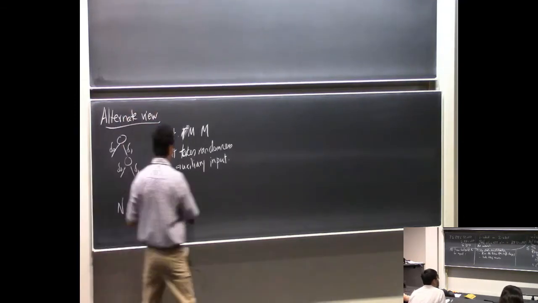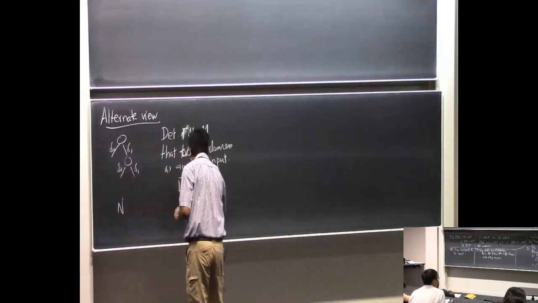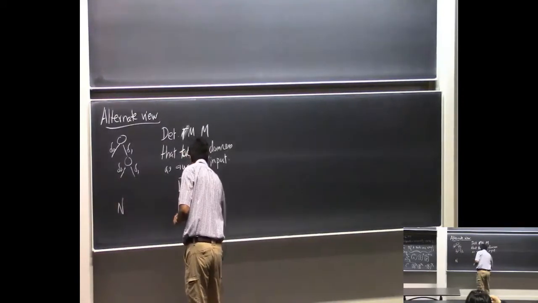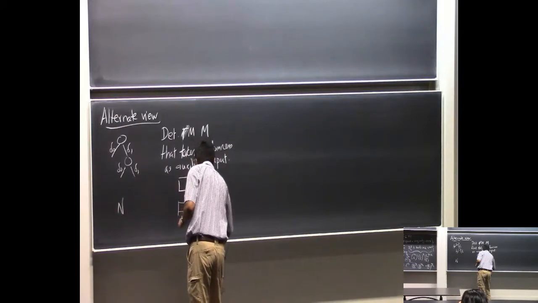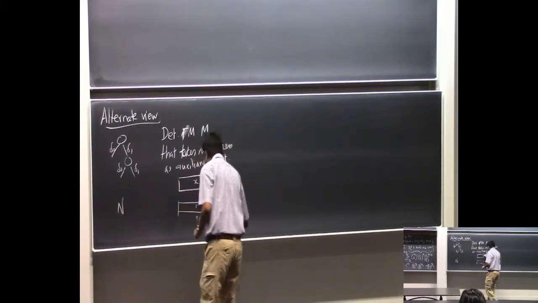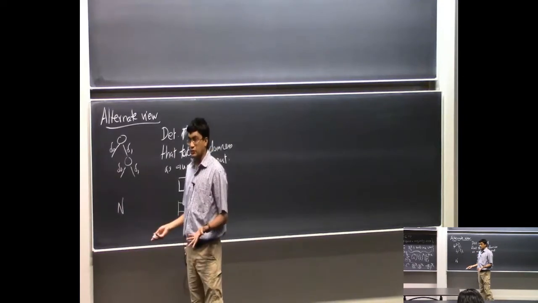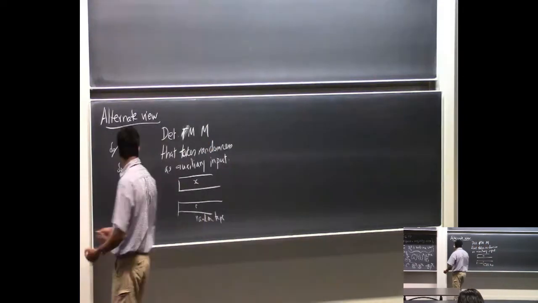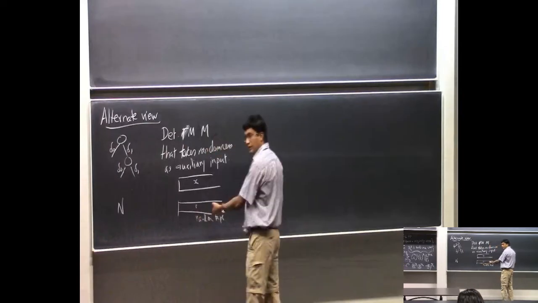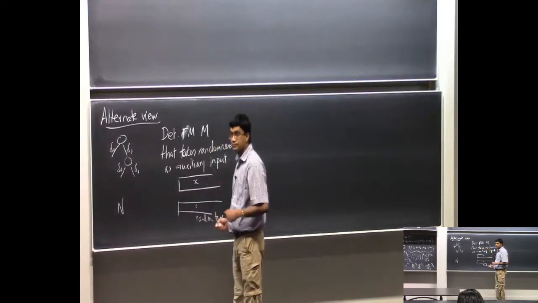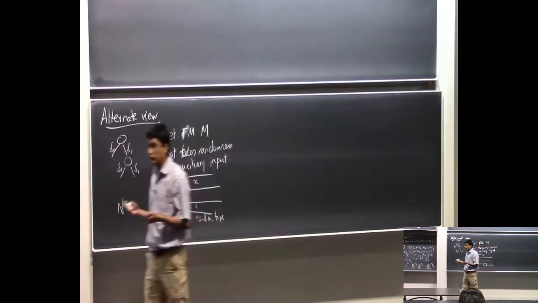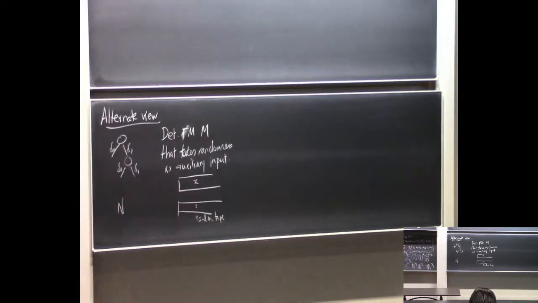So you should have this view that you are given X, which is the input, and you also have this random tape R. Given these two things, you can simulate N in a deterministic fashion. Namely, whenever N wants to toss a coin, you just grab the next bit from this random tape and go left or right. So now your computation is completely deterministic.